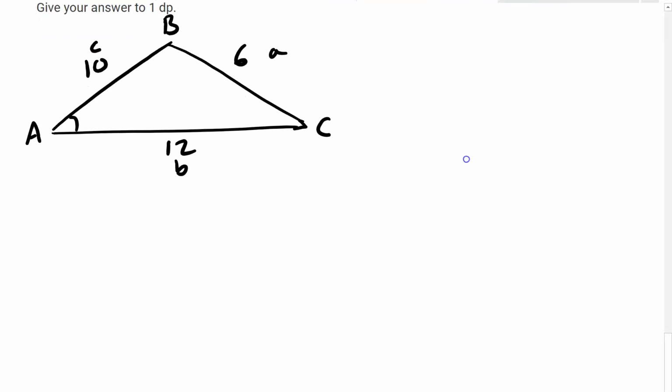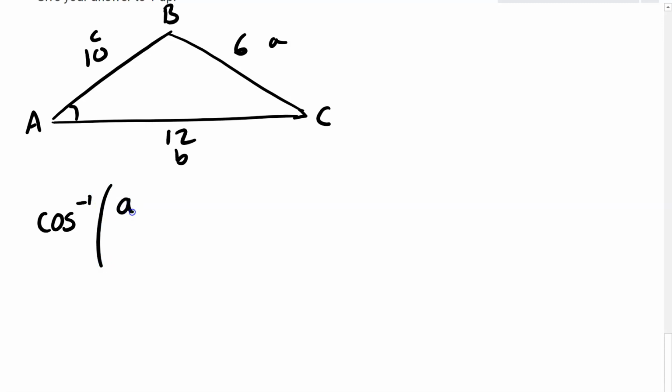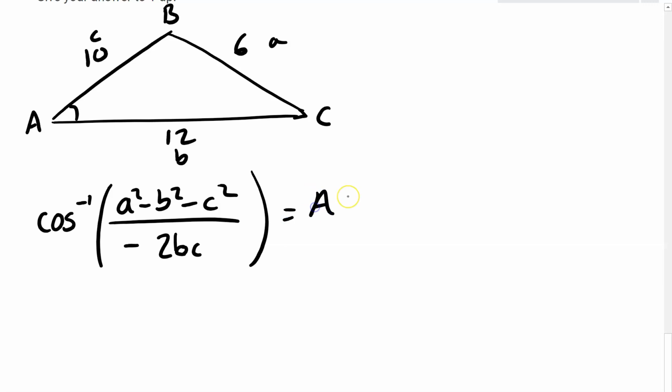Okie dokie. So we're going to do another finding an angle. I'm going to show you using the formula that I just rearranged for you to show you how much easier it is this way. Okay, so that was the rearrangement.